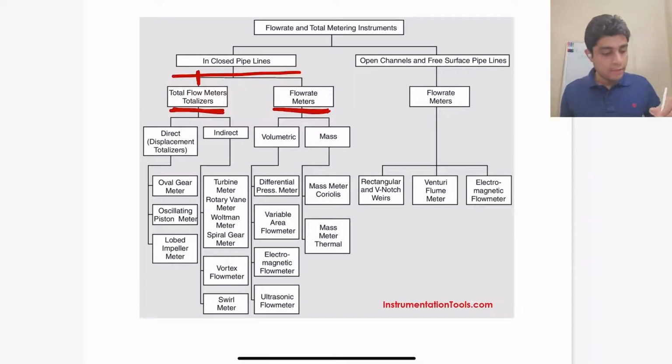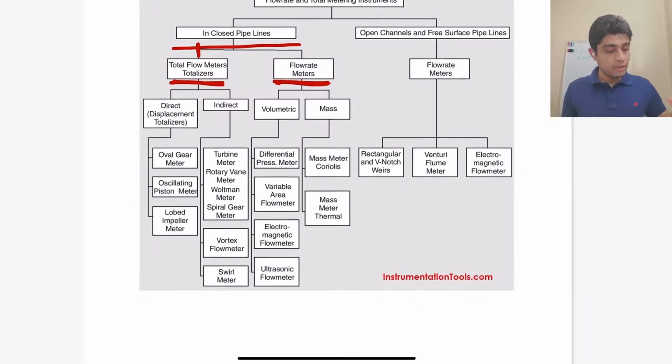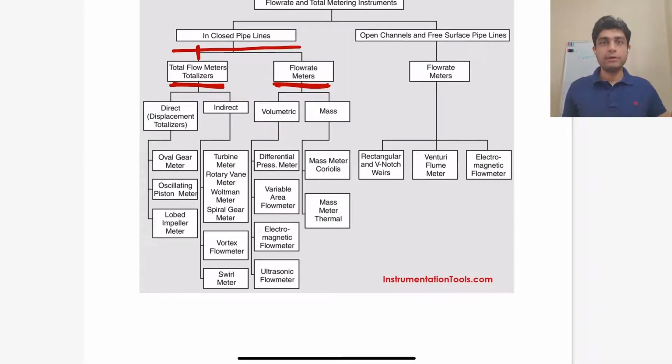On the other hand, flow rate meters measure the volumetric rate of flow, that is, how much volume of fluid is passing per unit time, or it can even be mass. If the fluid is incompressible, the volumetric flow rate and the mass flow rate are related: you just multiply the volumetric flow rate by density, and you get the mass flow rate.